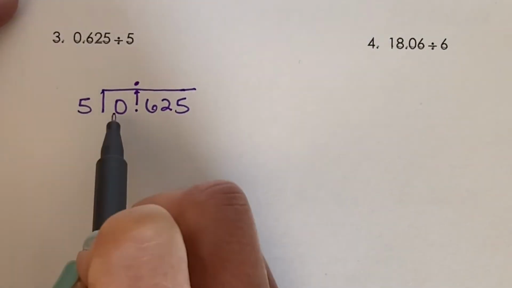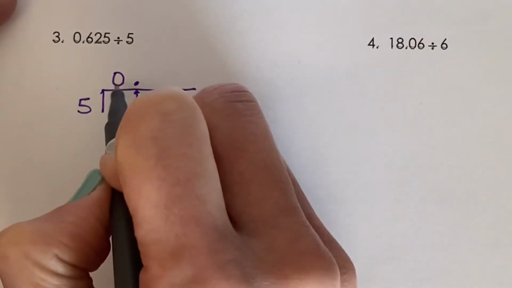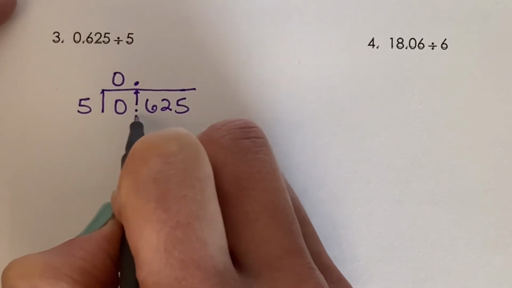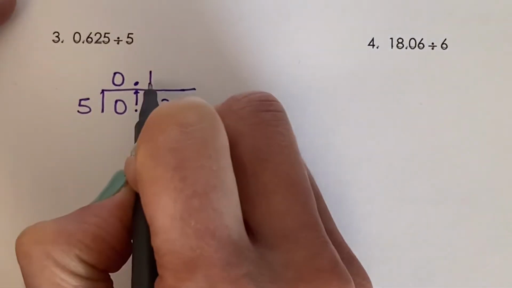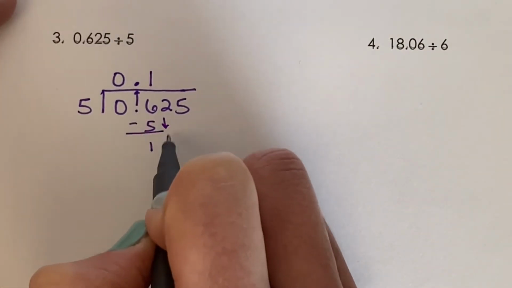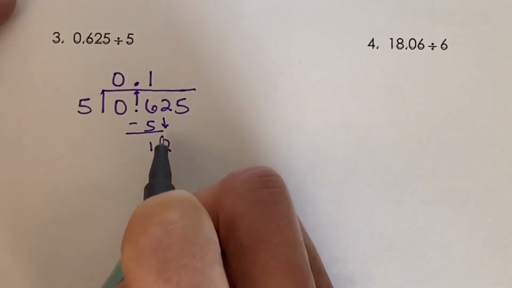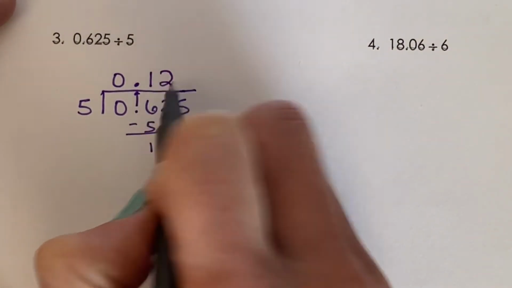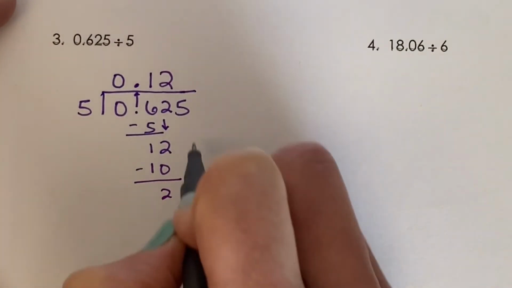How many times does 5 go into 0? None. I have 0 holes. How many times does 5 go into 6? It goes in 1 time. That's going to go straight above the 6. 1 times 5 is 5. Bring down the 2. How many times does 5 go into 12? It goes in 2 times, straight up. 2 times 5 is 10. Subtract.